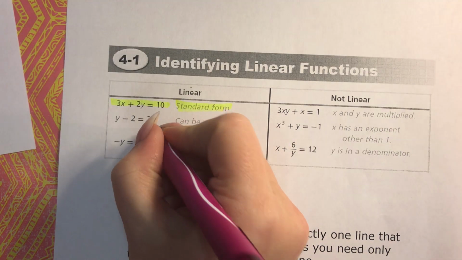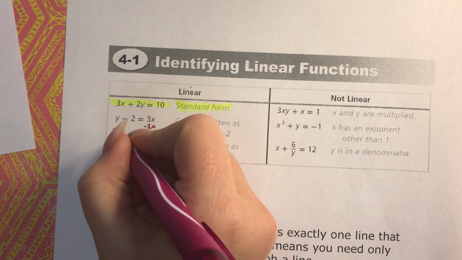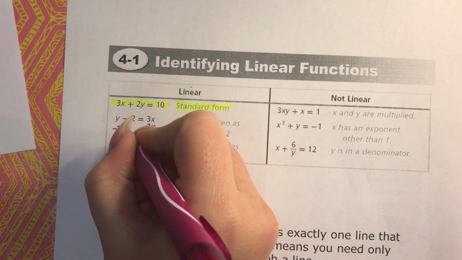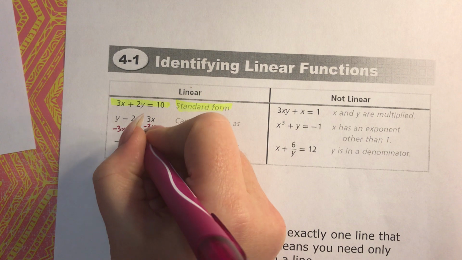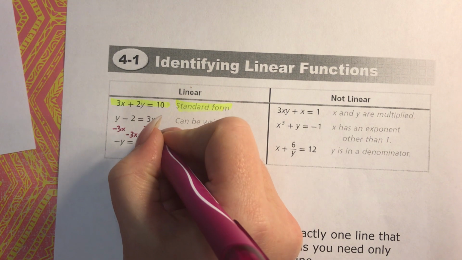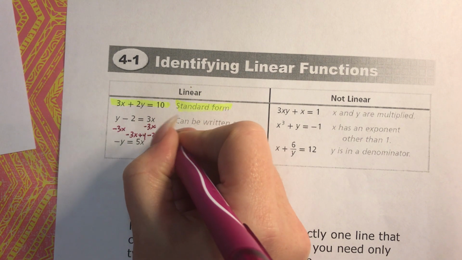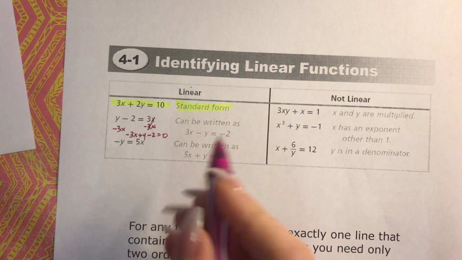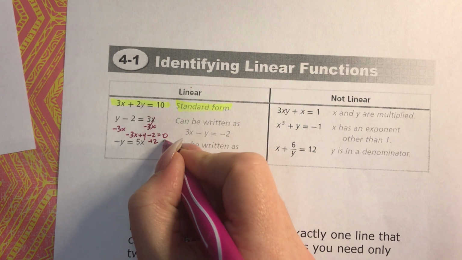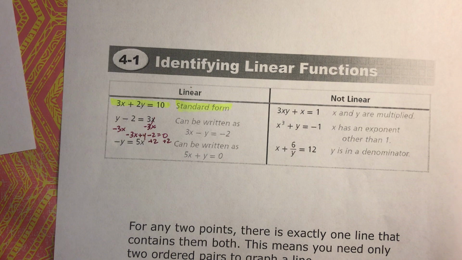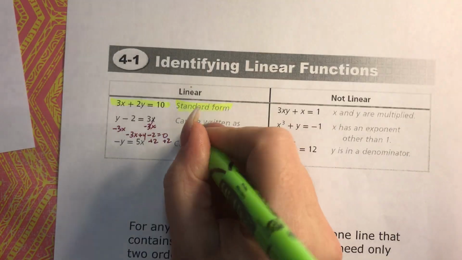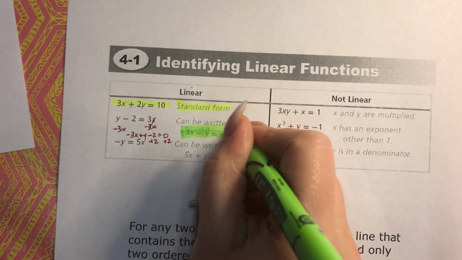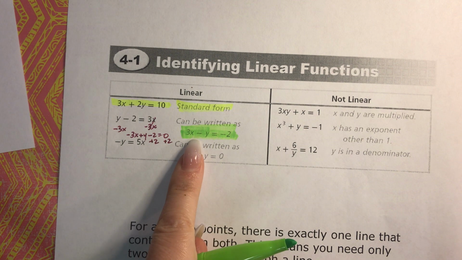If we subtracted 3x from both sides, then we ended up with negative 3x plus y minus 2 equals 0, right? And then you just added 2 to both sides. Well, then you would end up with something that looks like this, right? 3x.